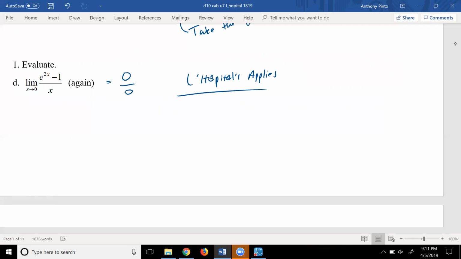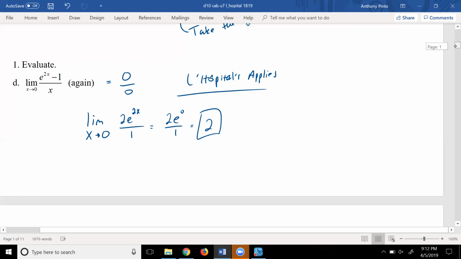And if L'Hopital's applies, that means that we can take the derivative of the numerator, which is e to the u times the derivative of u, or 2e to the 2x, over the derivative of the denominator, which is 1. And now we can plug in that value as x approaches 0 again. So we get 2e to the 0th over 1. As we said before, e to the 0th is equal to 1. And this is 2 over 1, or 2. And we can see how the calculator got 2.